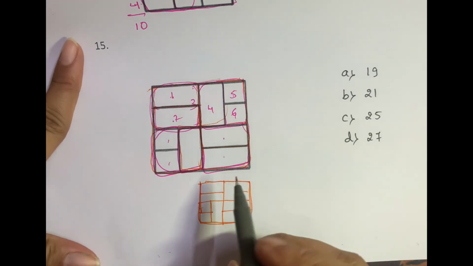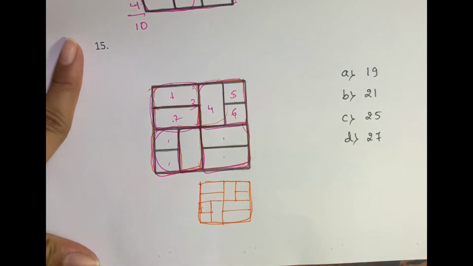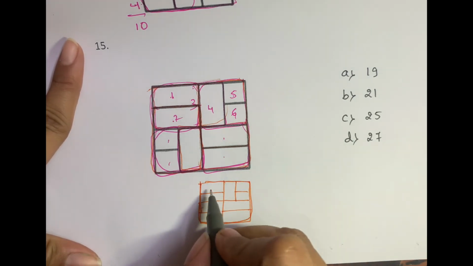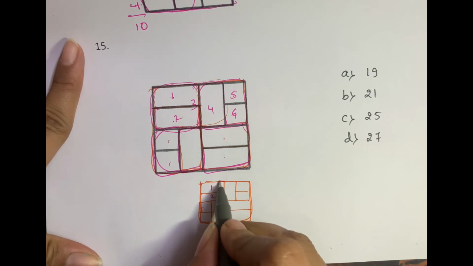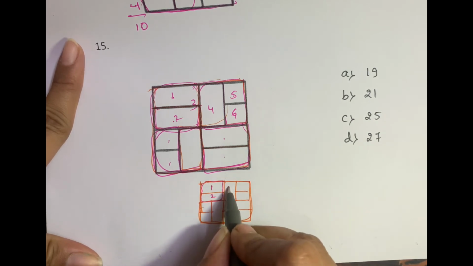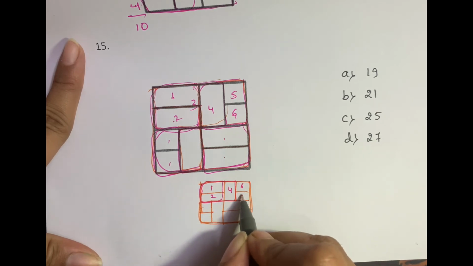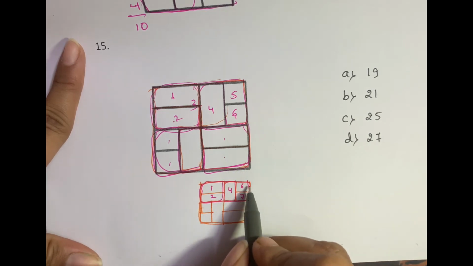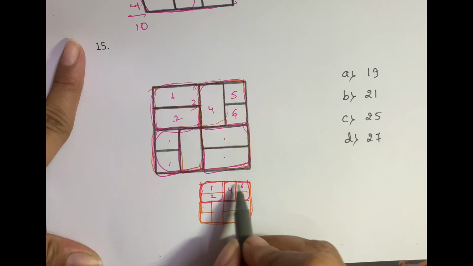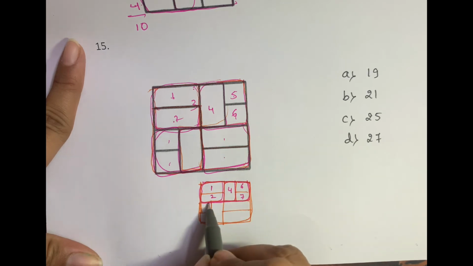Another method is, observe it carefully. 1, 2, and then as a whole 3. This is 4, 5, 6, 7. After 7, this is 1, 8, and then this is one complete 9, and as a whole it is 10.